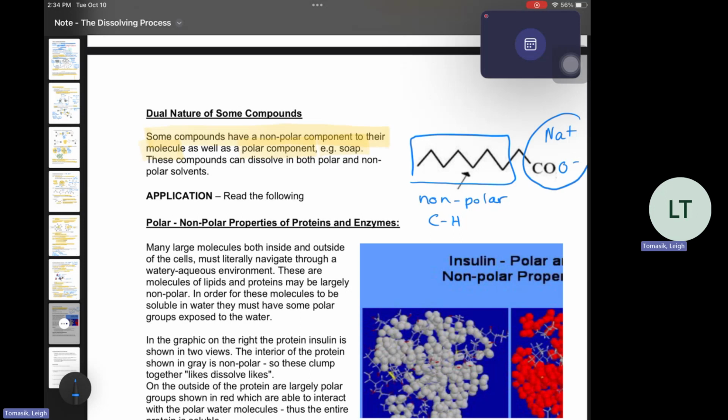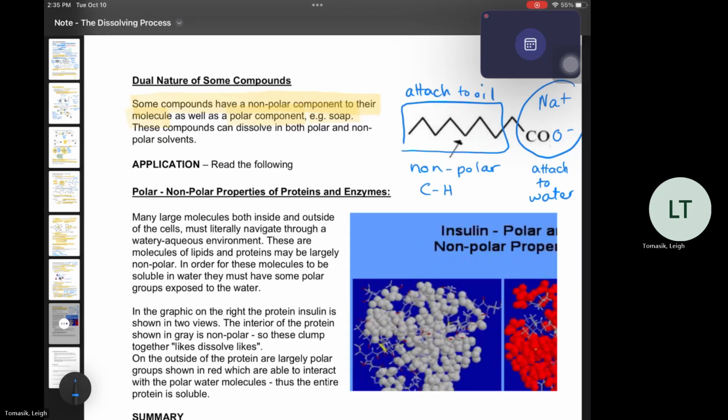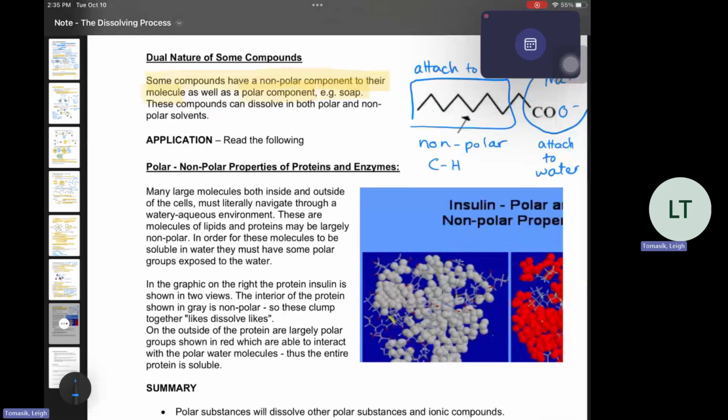But at the very end of soap, it has a polar part, right? So this nonpolar part will attach to oil, and the polar part will attach to water. So then, when the water washes the one end of the soap away, the tail, which is attached to the oil, also gets washed away. And that's how you clean your clothing.